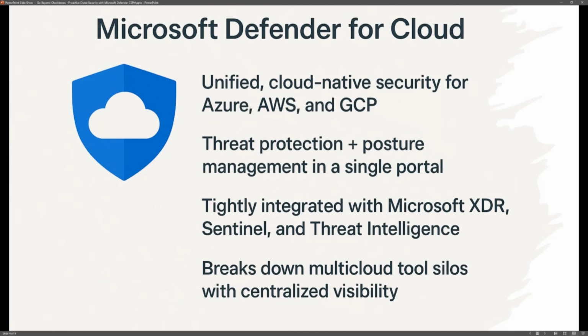It pulls telemetry from Azure, AWS, and Google Cloud Platform, GCP, then layers Microsoft Threat Protection analytics on top of that, and gives you one place to visualize risk and respond to threats across your entire multi-cloud estate.